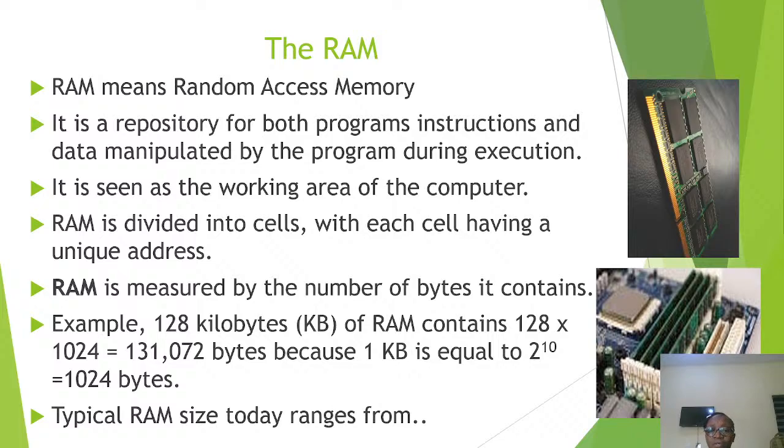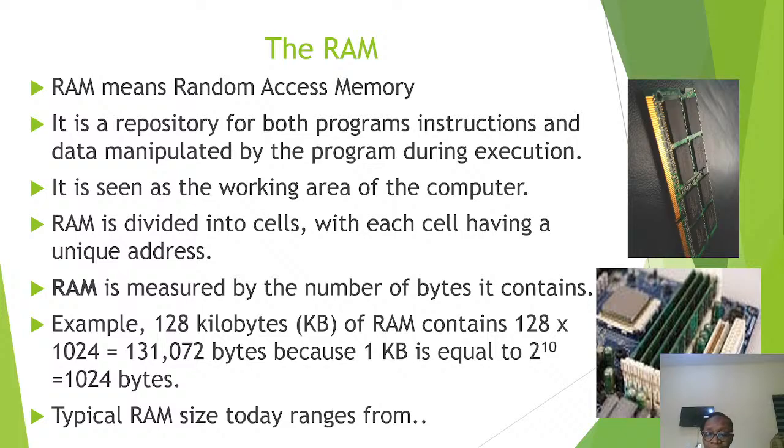RAM is divided into cells, with each cell having a unique address. Everything that is stored in the computer is stored in an address, and the RAM is measured by the number of bytes it contains. That's why when you talk about your small storage devices, you'll be talking about gig. This one is 2 gig, this one is 16 gig.